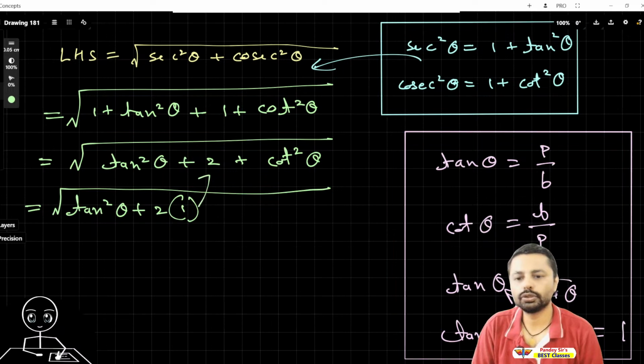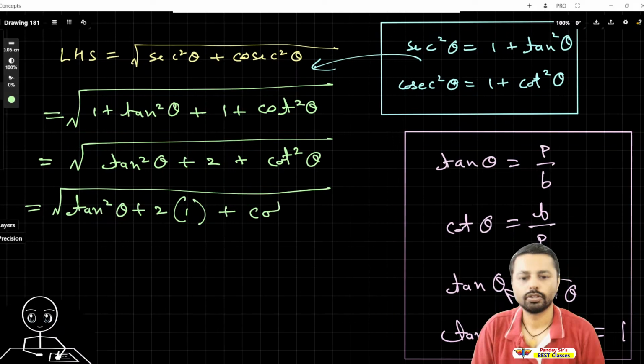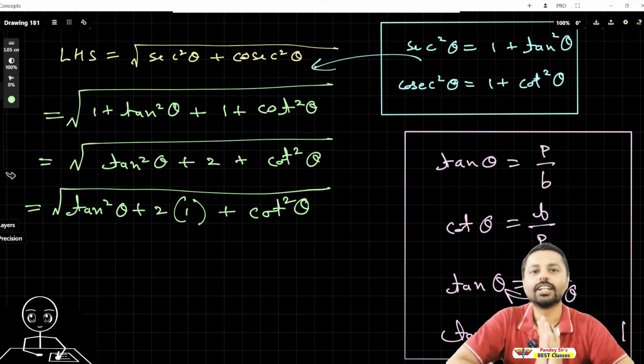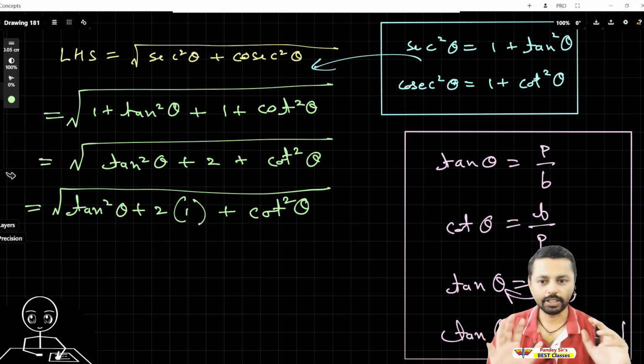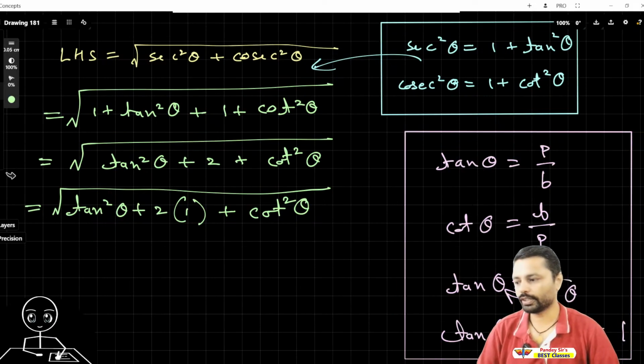So in the first step I'll write 2 into 1, so that you won't get confused. Plus cot²θ. Don't forget this square. If you forget this square theta or any term, you are lost. This is an ultimate important identity, so you have to keep on observing.